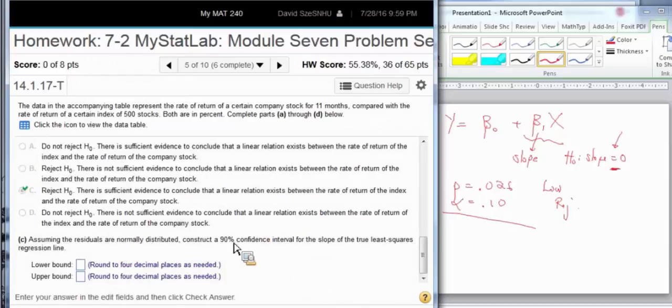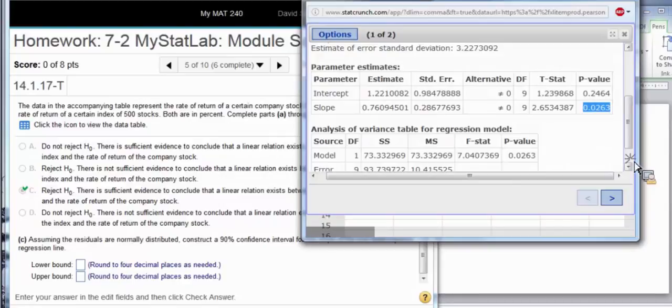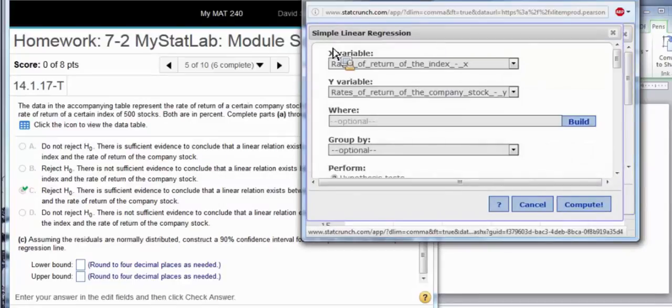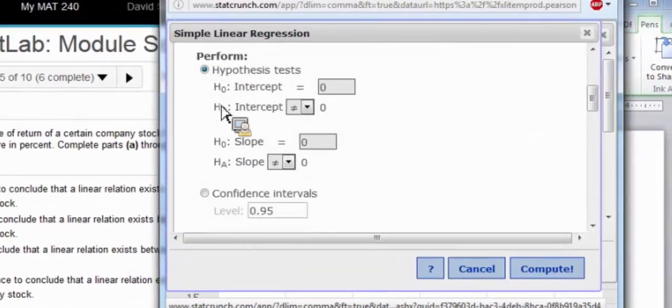Construct a 90% confidence interval for the slope. Well, if we want to do that in StatCrunch, we could click Options to go back to the previous screen. I hadn't scrolled down, but just like all the other StatCrunch routines, there's a choice between hypothesis tests and confidence intervals, right?